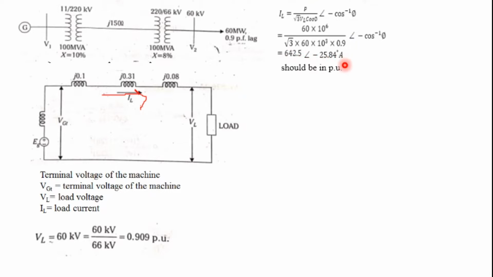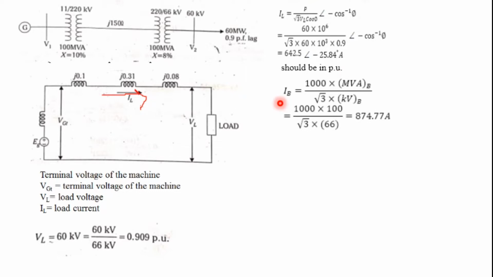So this is the actual value. We have to calculate in per unit, so I should know the base value. Here there is no angle, because it is MVA. This is in terms of megawatt, this is in terms of MVA. Megawatt has an angle, MVA does not have an angle.